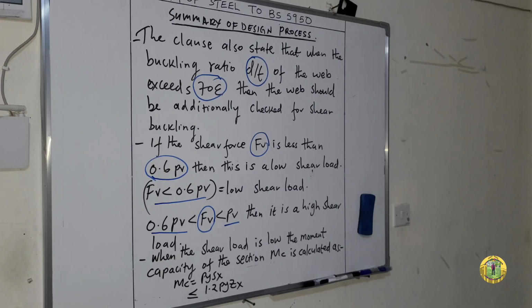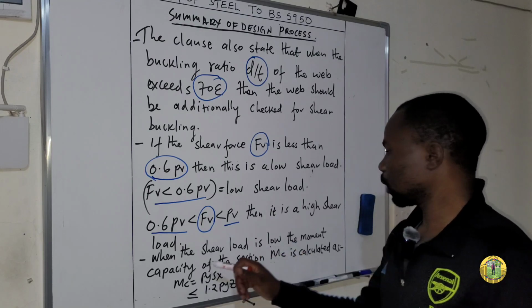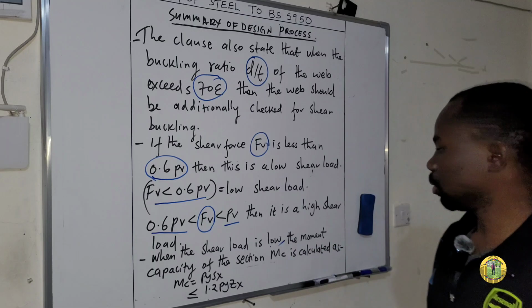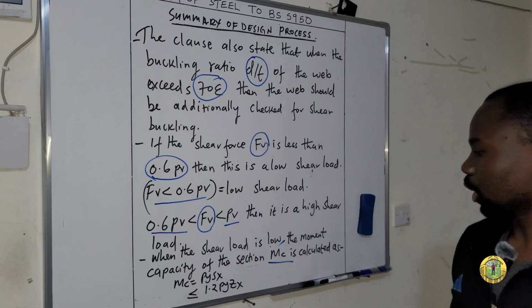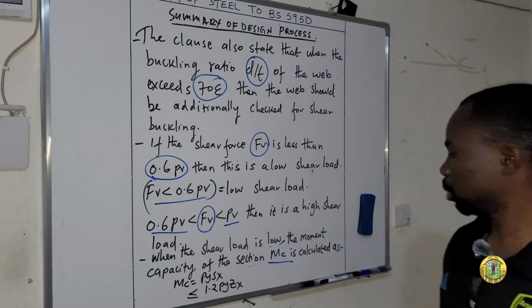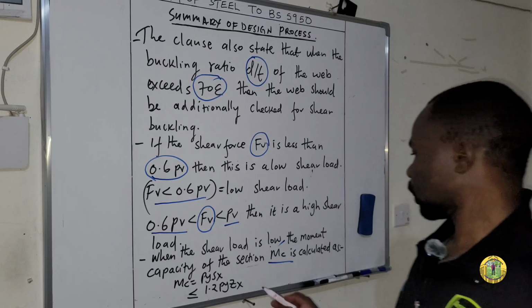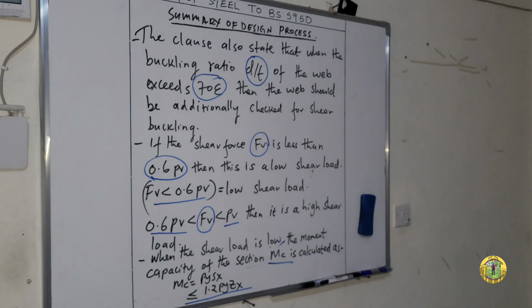When the shear load is low, the moment capacity of the section MC is equal to PY SX, but when it is less, it is calculated using this formula, whereby ZX is the elastic modulus.